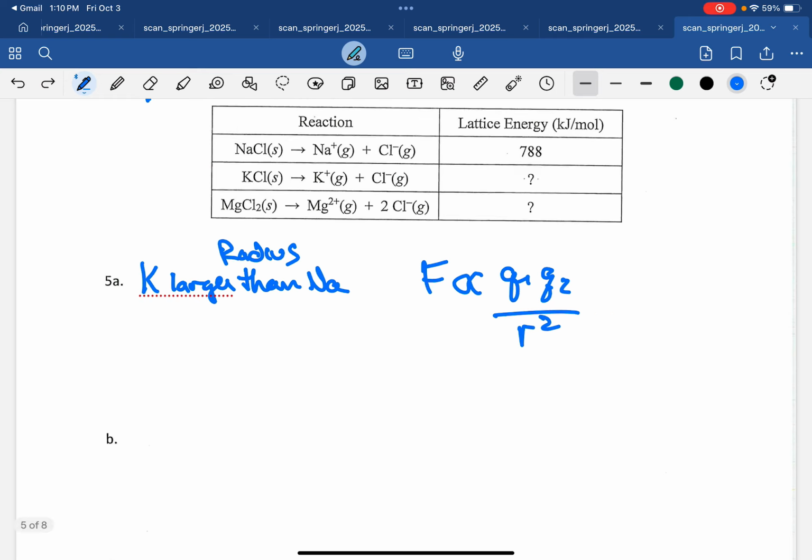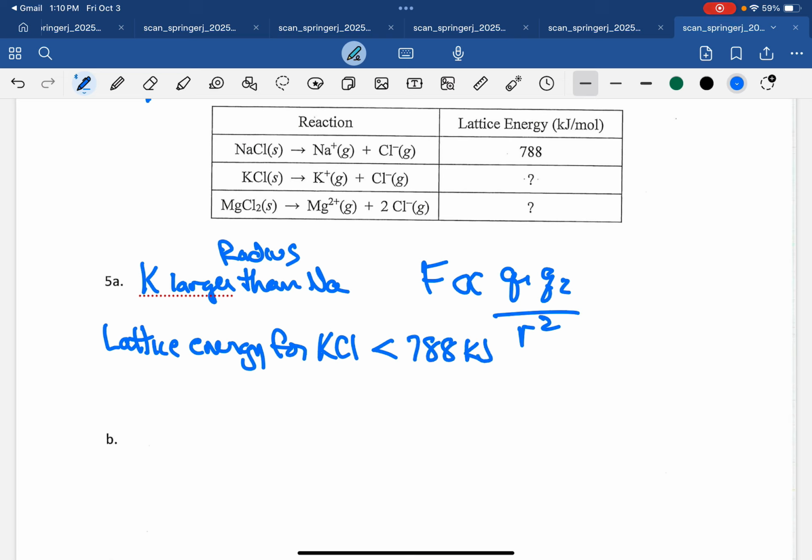So lattice energy for KCl should be less than 788 because K has a larger radius.